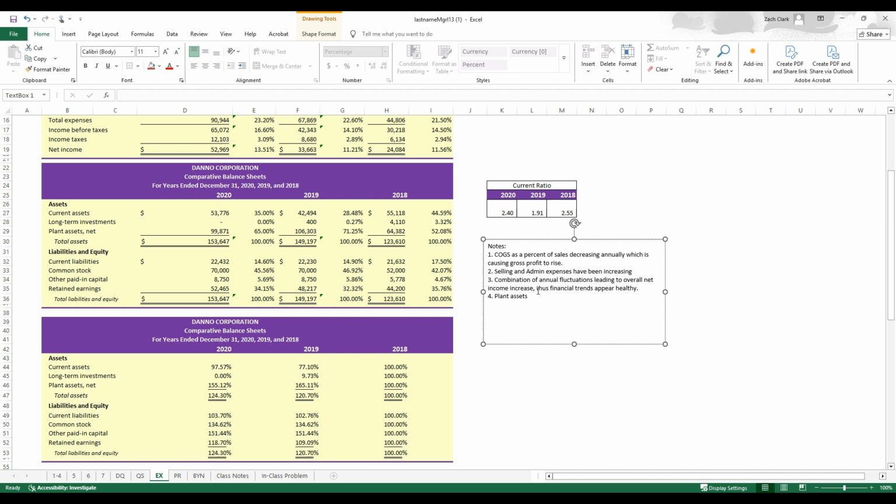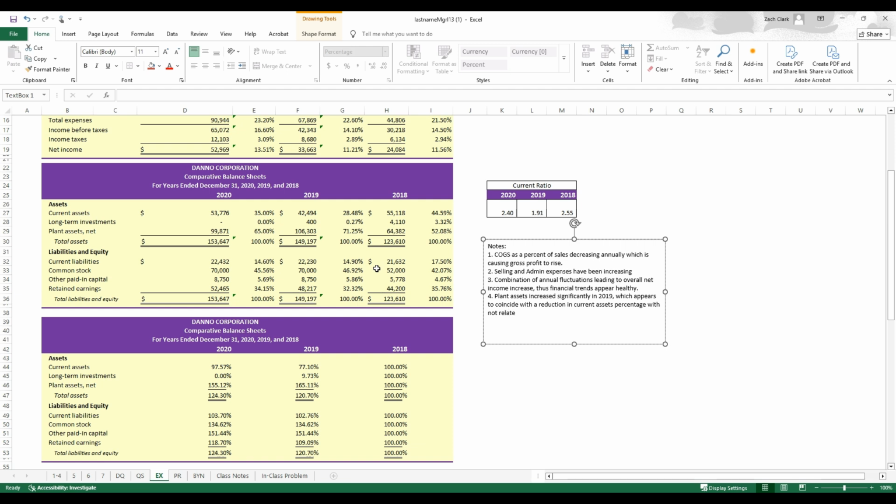Plant assets increased significantly in 2019, which appears to coincide with a reduction in current assets percentage. And you can look down and see that there are no long-term liabilities, and the current liabilities stayed about the same.